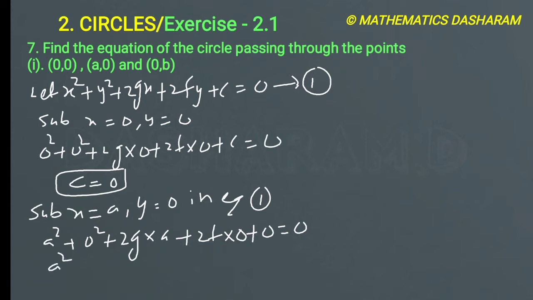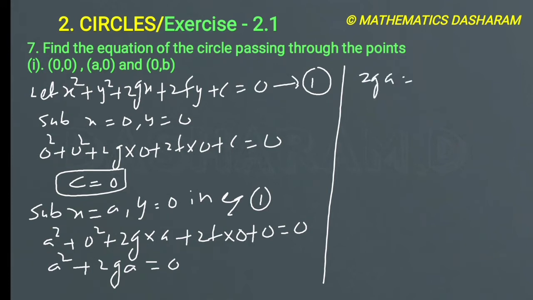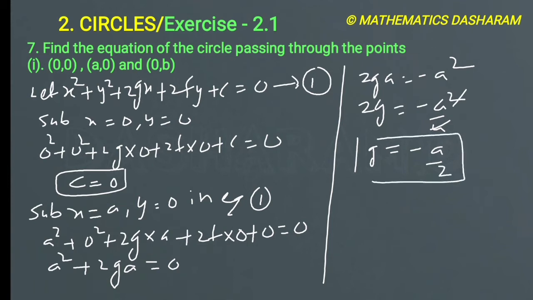Now a² + 2ga = 0, so 2ga = −a², then 2g = −a²/a. So g = −a, since a² cancels, so g = −a/2 is the g value.